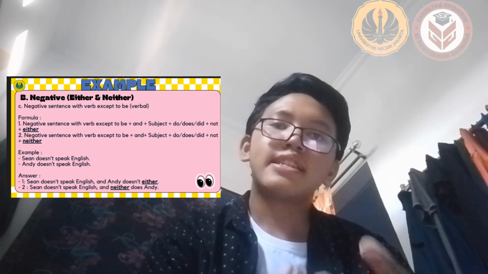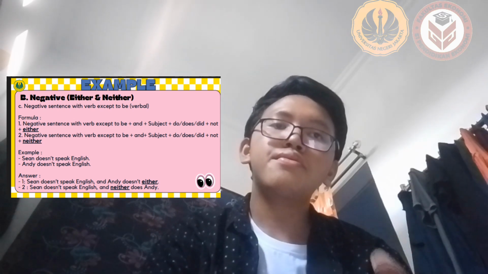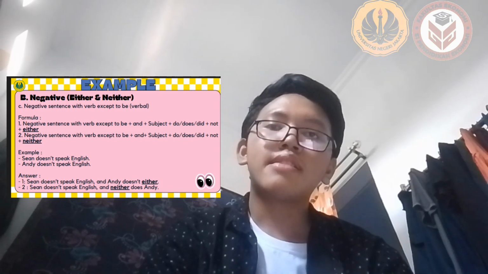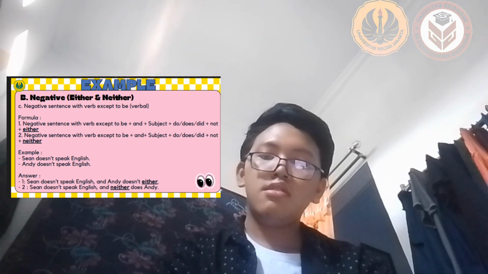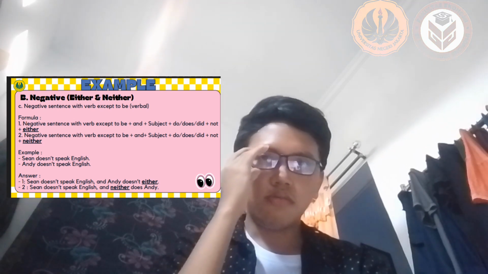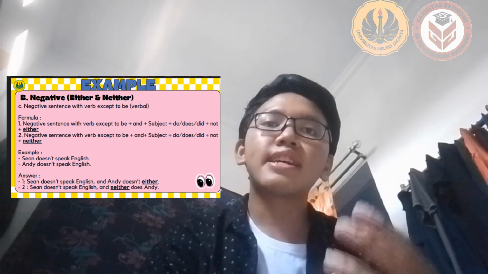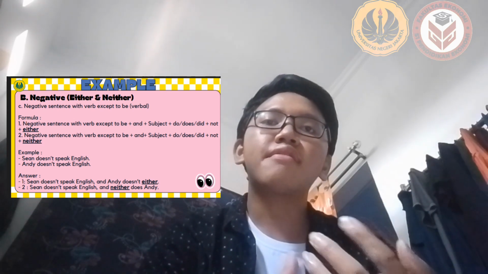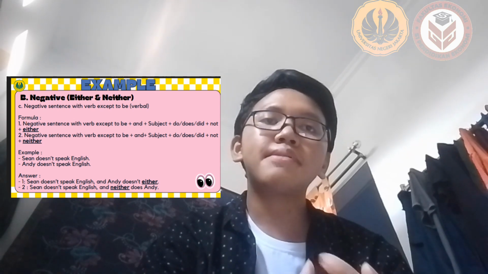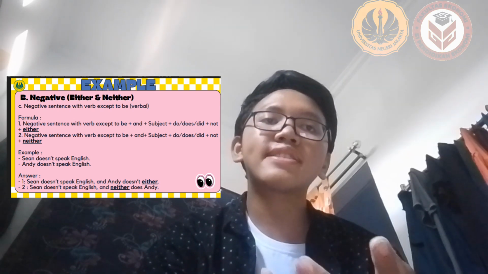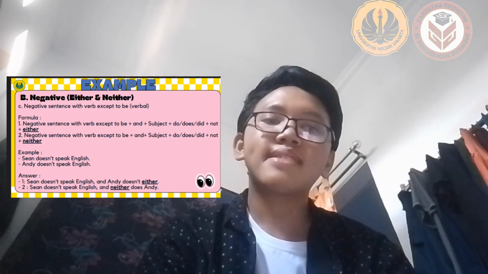Next up, negative sentence with verb except to be, or verbal. The formula is: negative sentence with verb except be and subject, do, does, or did, not, either. The second one: negative sentence with verb except be, plus subject, plus do, does, did, plus not, plus neither.